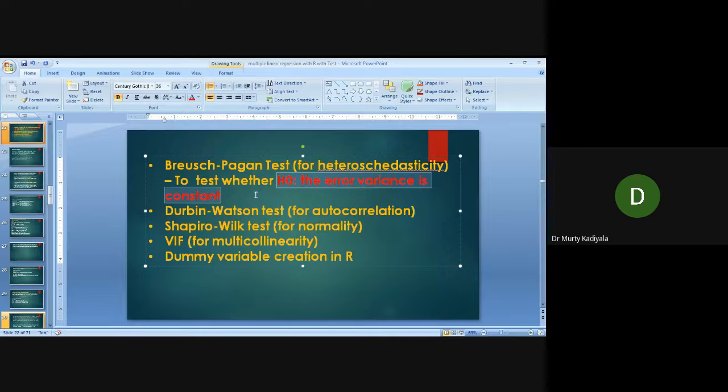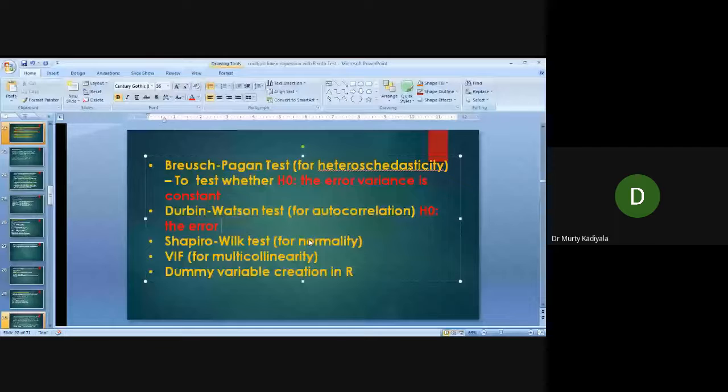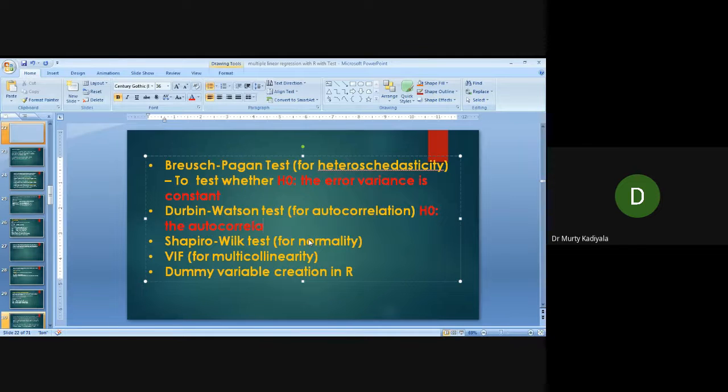You have to take the hypothesis that the autocorrelation of error is 0. This is what we have to test. Do you understand?